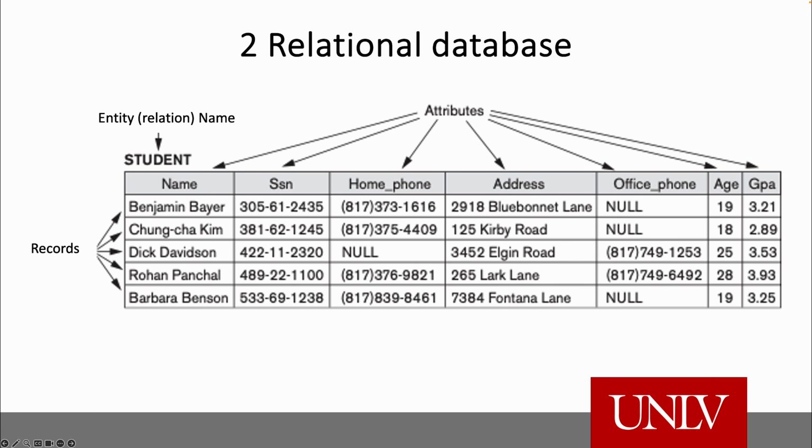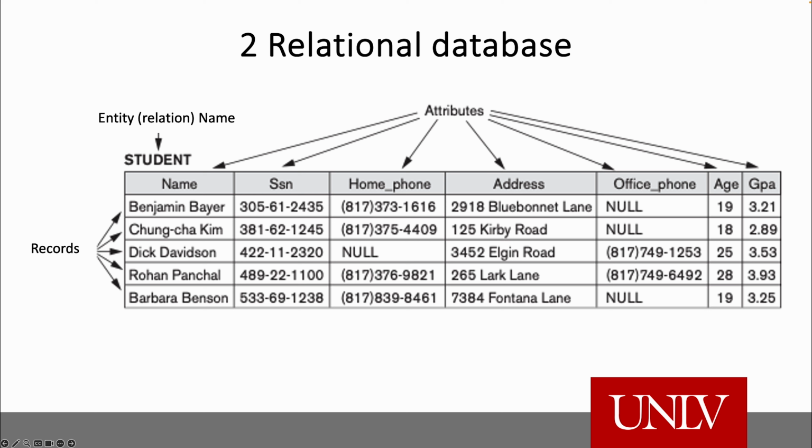Now let's talk about the relational database, the most common type of database used today. A relational database stores data in tables, which are also called relations or entities. Each table is made up of rows and columns. The entities are the things you want to store data about, like customers, products, or orders.